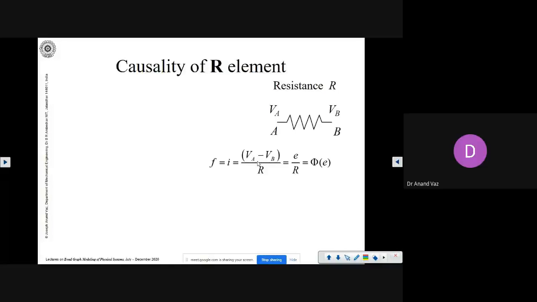So this potential divided by R, R is this resistance, and that is equal to effort divided by R, which is a function of the effort.